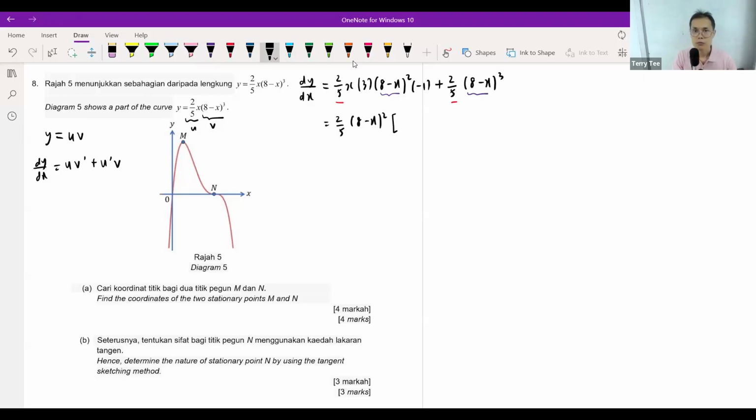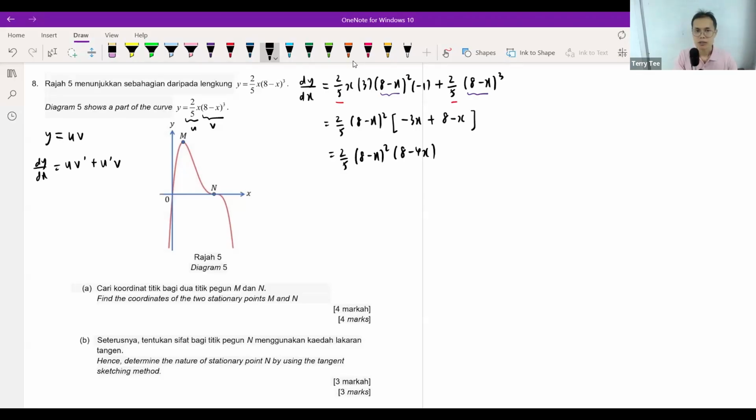So here we are left with 3x times negative 1, you can write minus 3x. Then for the second one, I've taken out 2 over 5 and I've taken out (8 minus x) power 2. Power 3, if you've taken out power 2, you're left with power 1. So let's simplify further: 2 over 5 with the (8 minus x) squared, and this is (8 minus 4x).